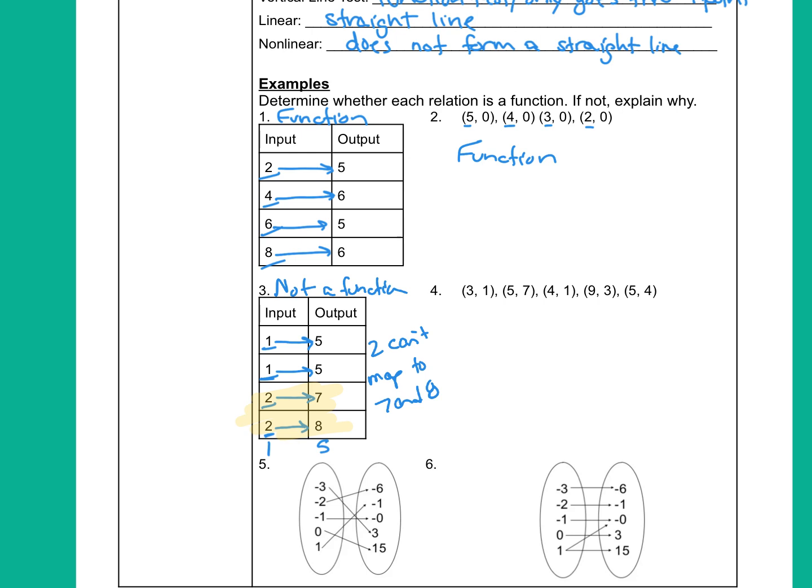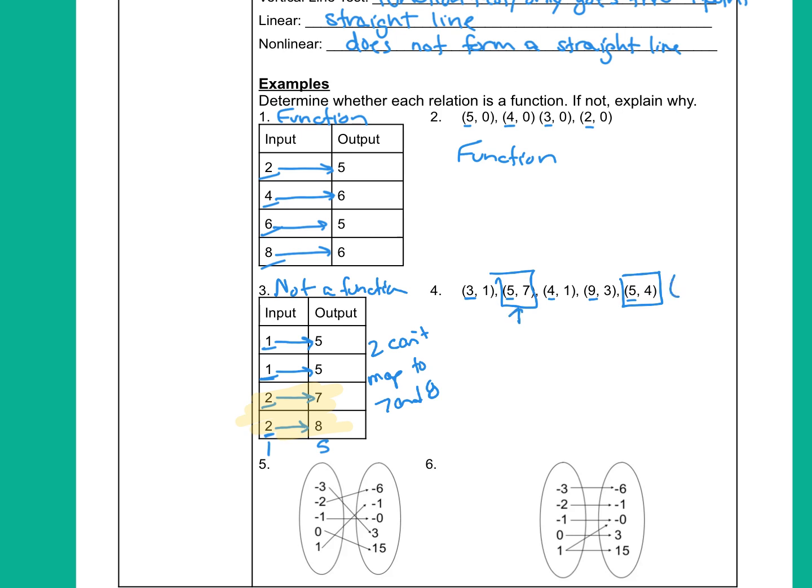Okay, let's check number 4. So we're going to check the x numbers. 3, 5, 4, 9, 5. So this has an x or a domain of 5, and this has an x value of 5. Because those x values repeat, those are the ones I'm going to look at. This first one tells me that if I have an x of 5, I better go to 7.